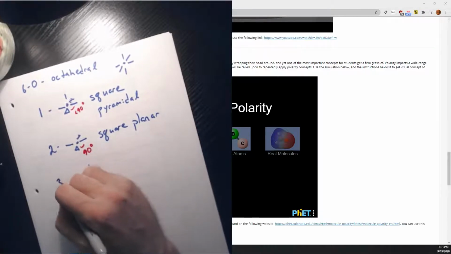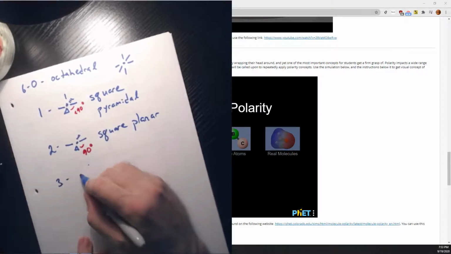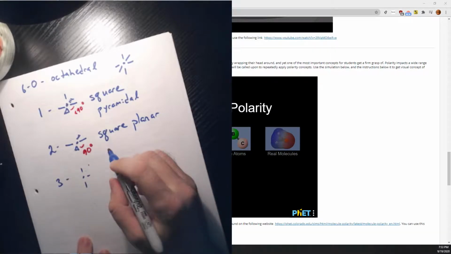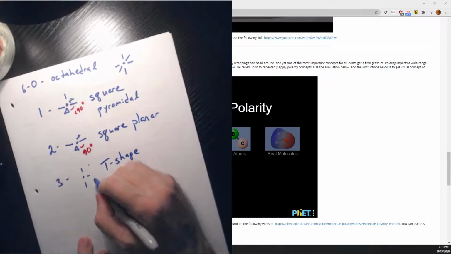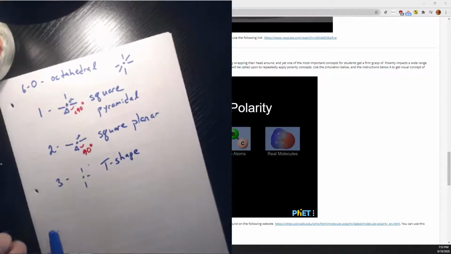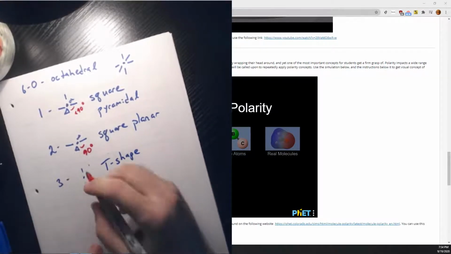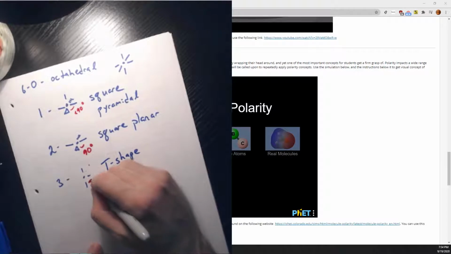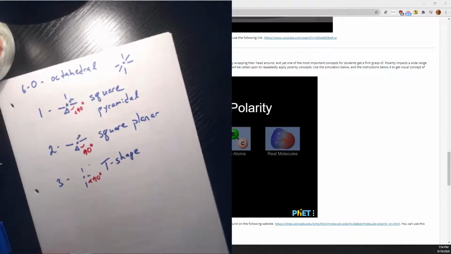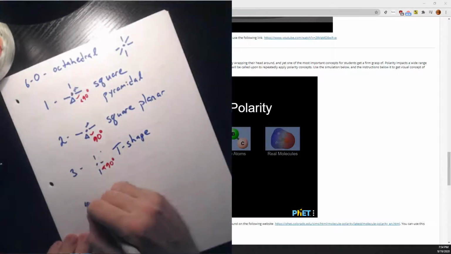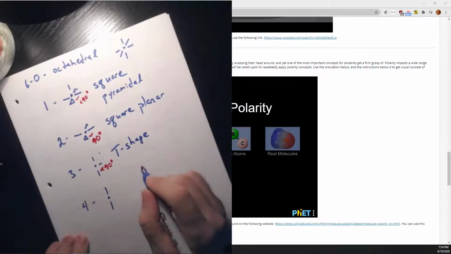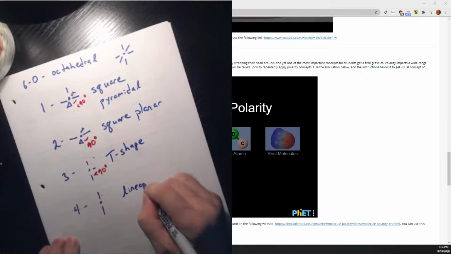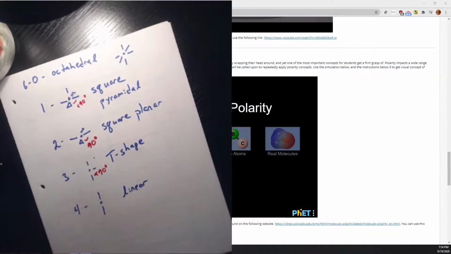Next up, if we remove 3, we would end up with another T shape. And it's going to look very, very similar to the octahedral one, but there's not much we can do about that. It's going to be less than 90 degrees. Once again, we got squishing. And finally, if we have 4 lone pairs, then we are back to linear again. Okay.